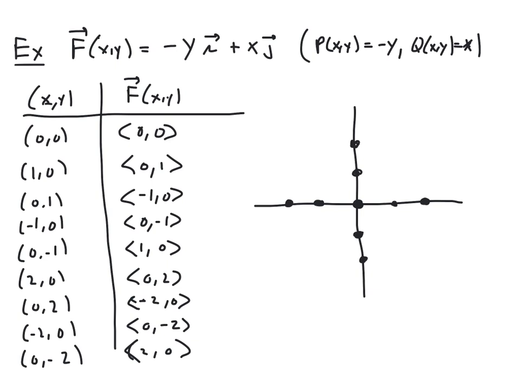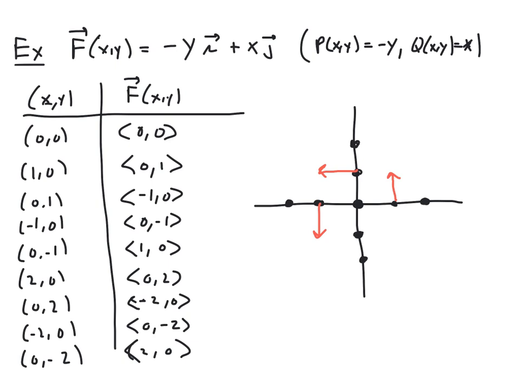At the point 1, 0, we have the vector 0, 1, which is going to point 1 unit upward. At the point 0, 1, we're going to have the vector negative 1, 0, which points 1 unit to the left. At the point negative 1, 0, we have the vector 0, negative 1, which points 1 unit down.